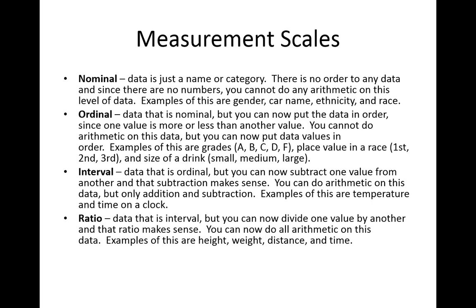Ordinal is data that is nominal, but you can now put the data in some kind of order. Since ordinal is built on top of nominal, and nominal is qualitative in nature, ordinal is also qualitative data.